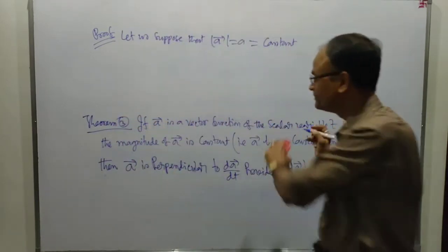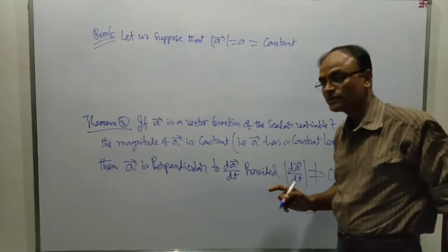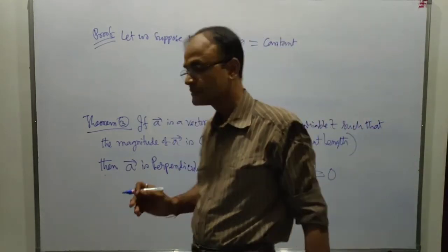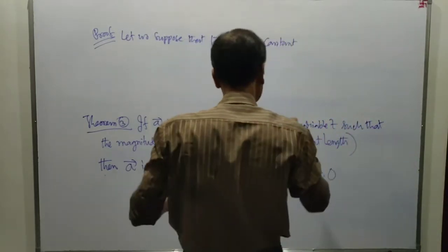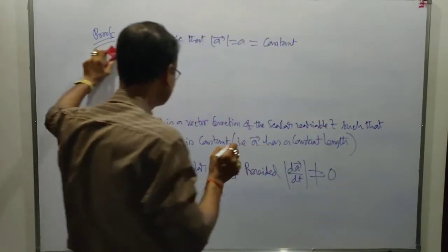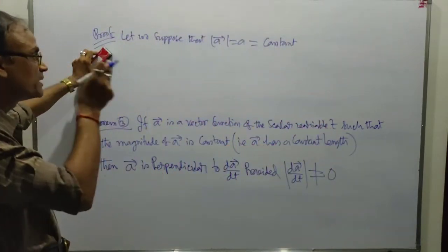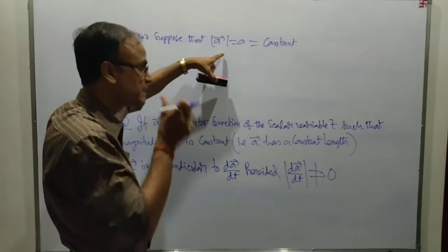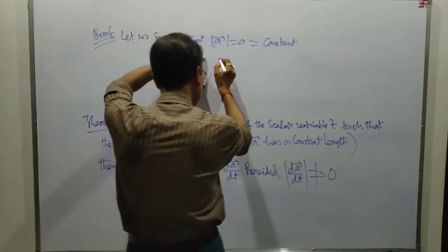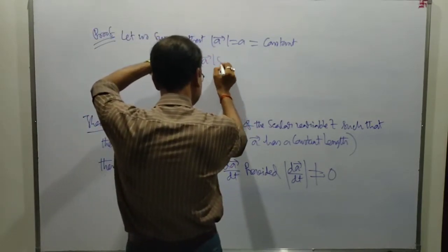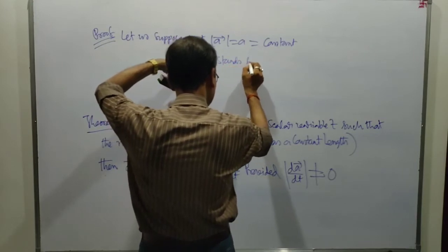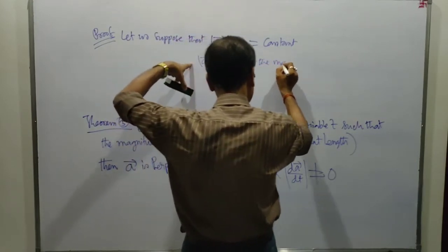It is given that the magnitude of the vector is constant. Here a stands for the magnitude of A vector.